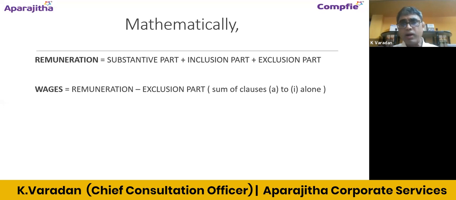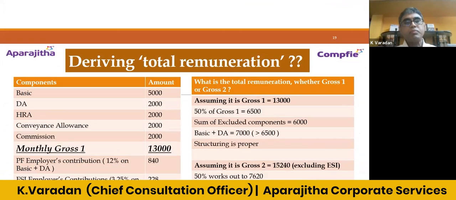But once the code comes, it may not be possible, because 90,000, we cannot exclude 90% of the salary. So I think that could be one reason, based on which this cap is brought about by the government, maybe through these codes, so that only a maximum of 50% can get excluded for any purposes. Right, that is the idea. But let us see as we move on. I think we will get to know more about this.